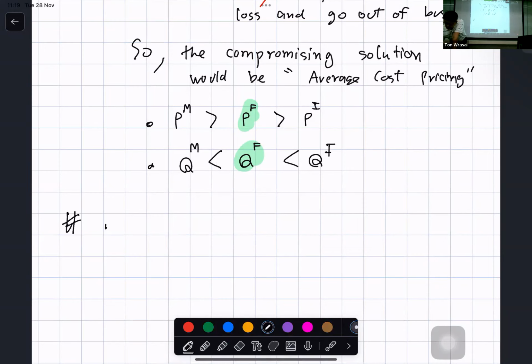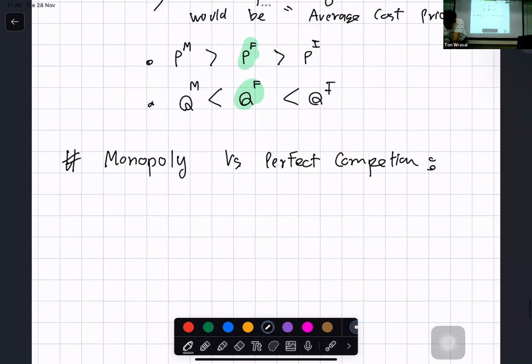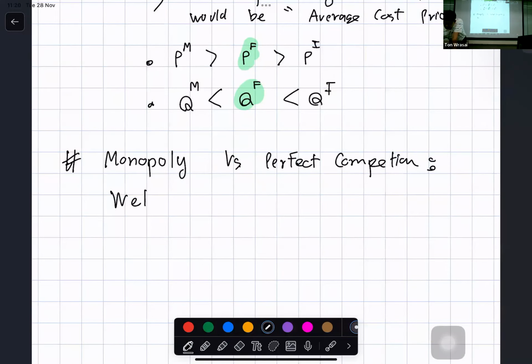Final issue for this chapter: monopoly versus perfect competition. We're going to take a look at two different states of the world.